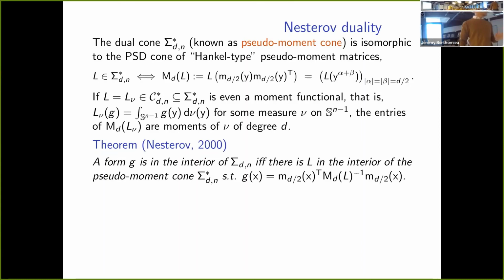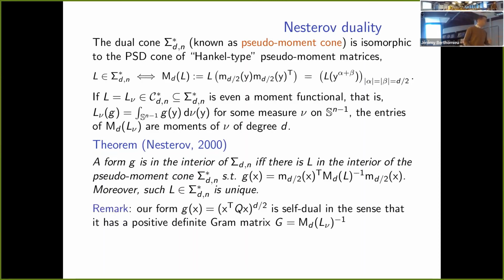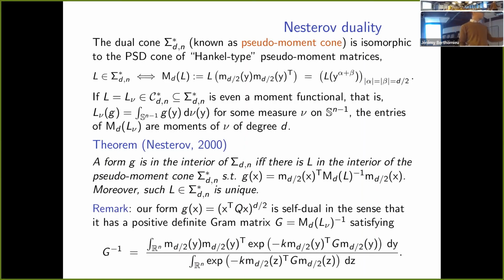So this is the Nesterov characterization, and as I said, this pseudo moment functional L is unique with this property. So it's a unique, this best Gram matrix. And the remark: the form L, that is the power of a quadric, is self-dual in the sense that it has a Gram matrix which corresponds to an actual moment functional, not pseudo moment, associated with the Gaussian density.